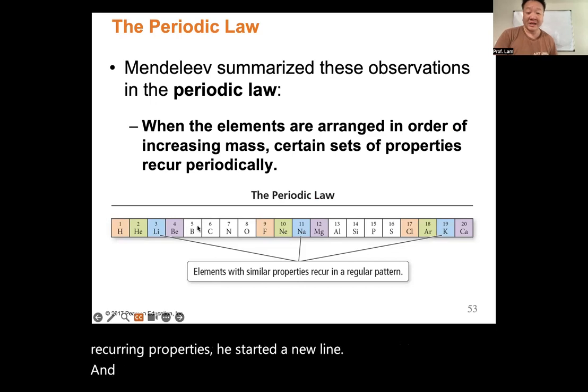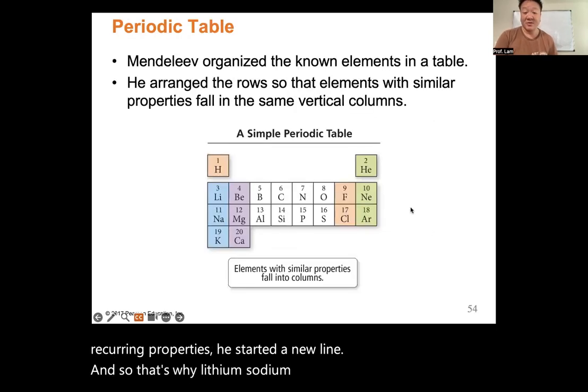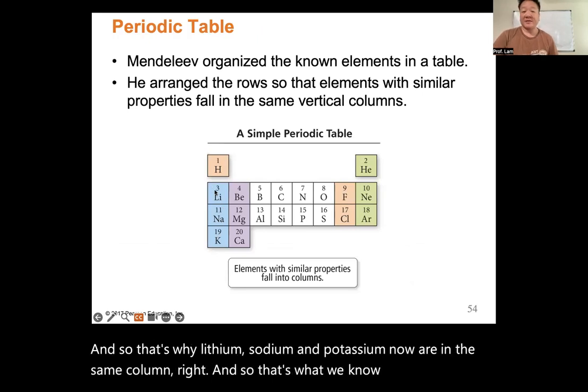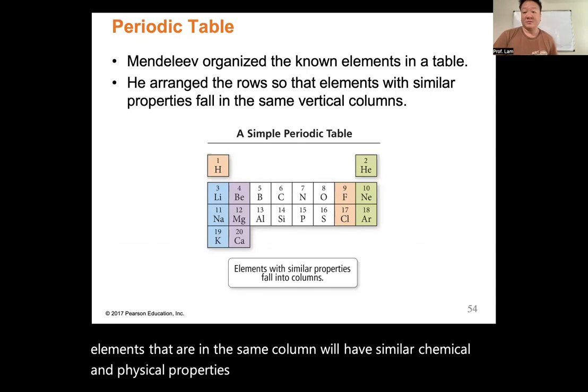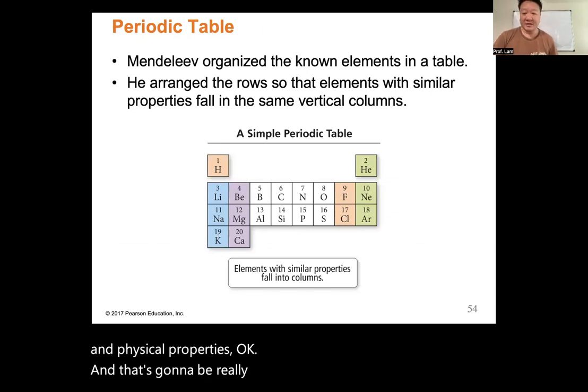So that's why lithium, sodium, and potassium now are in the same column, right? And so that's what we know now, is that elements that are in the same column will have similar chemical and physical properties.